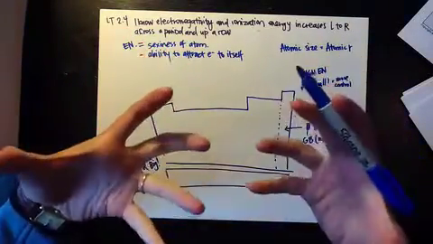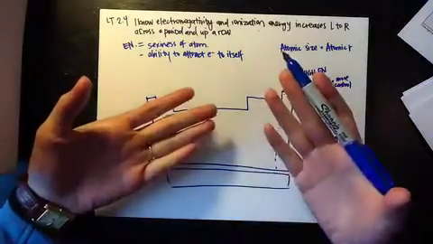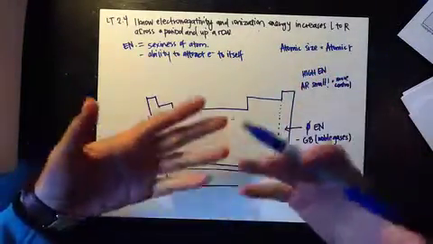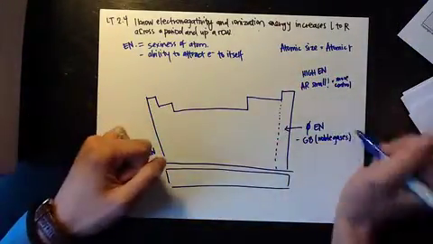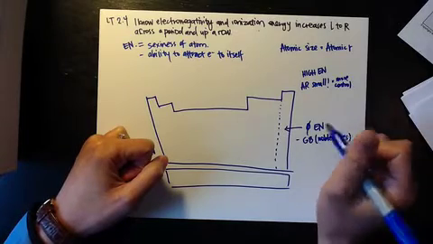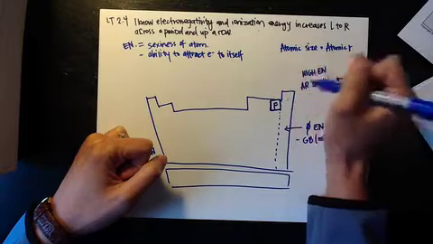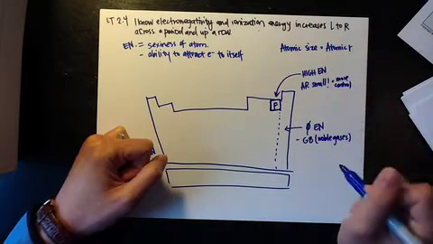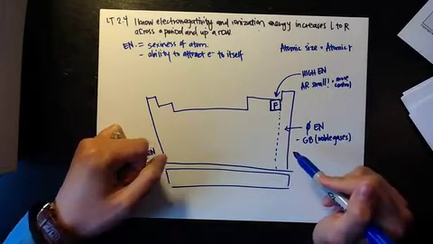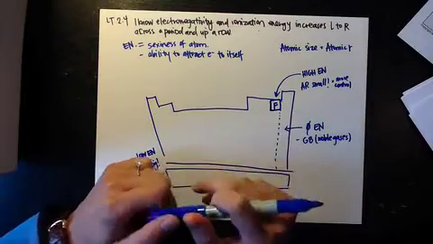It already has a full valence shell, so it's not going to be able to take any more electrons. So no electronegativity for noble gases. The element with the highest electronegativity value is going to be fluorine.